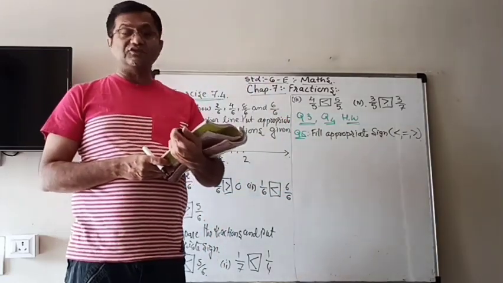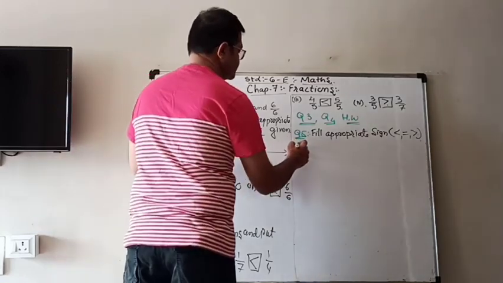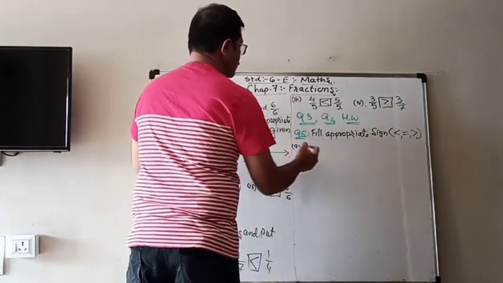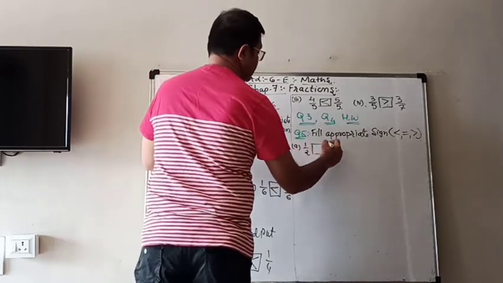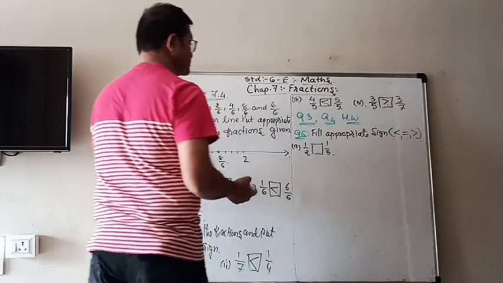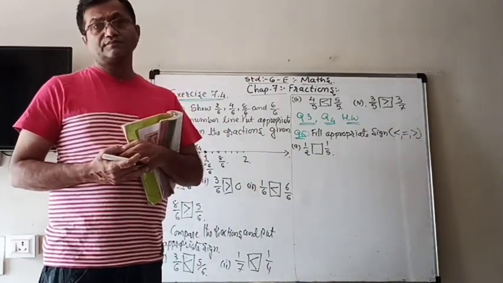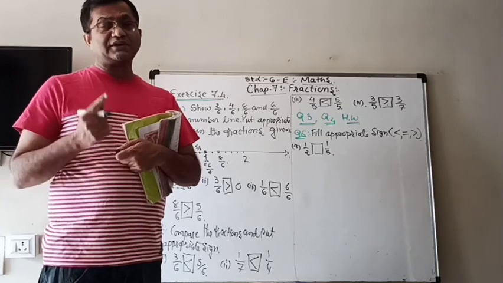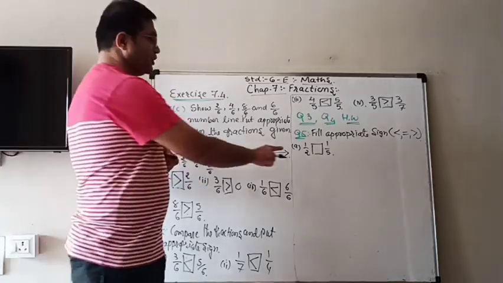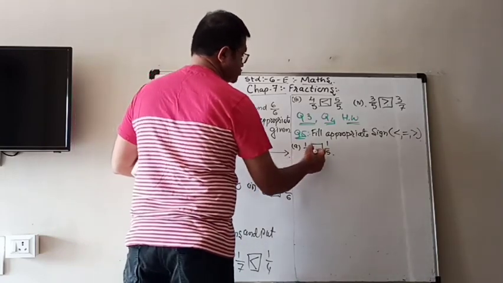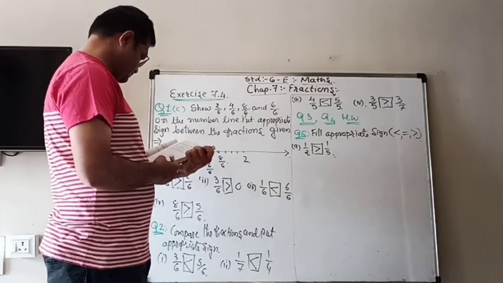Any one of the signs which is appropriate we have to put. First one, 1 upon 2 and 1 upon 5. Now here, very simple. How? Unlike fractions but having the same numerator. So the smaller denominator is greater and the greater denominator is smaller. So 1 by 2 is greater than 1 by 5.